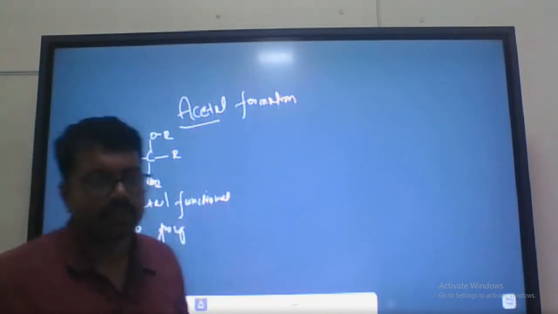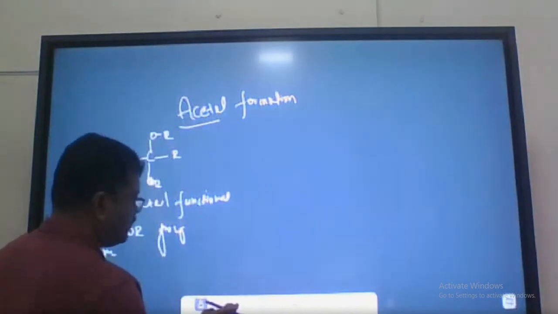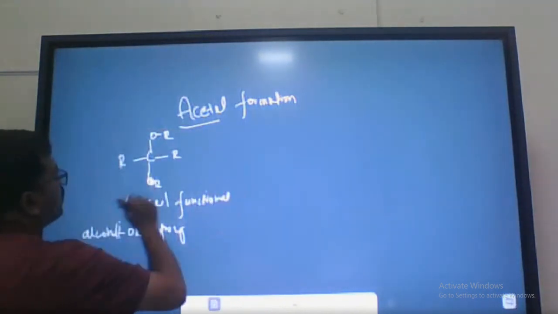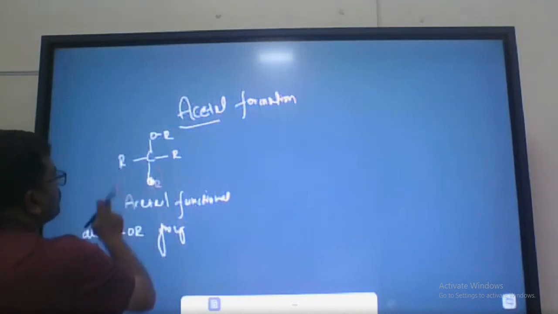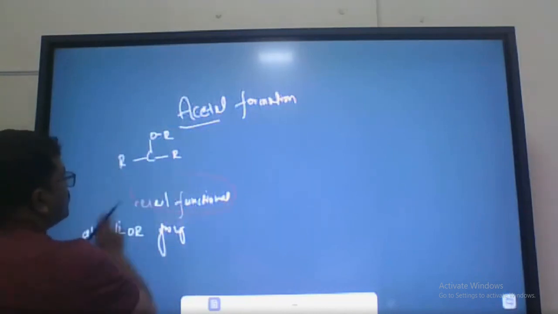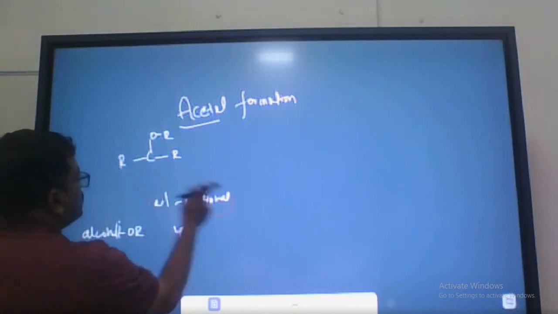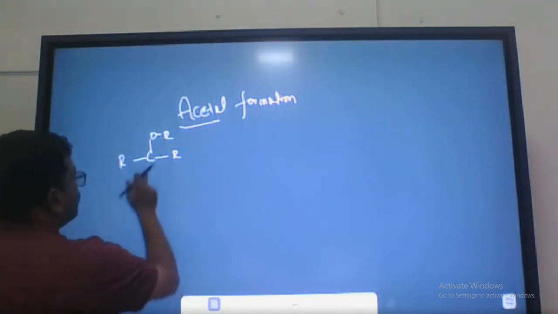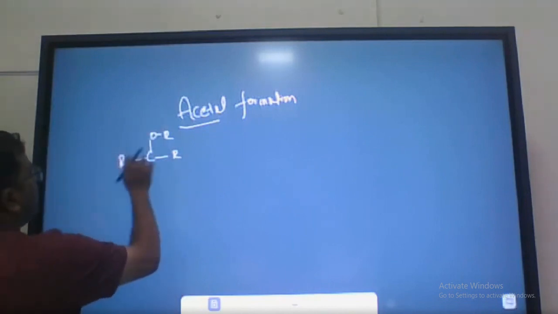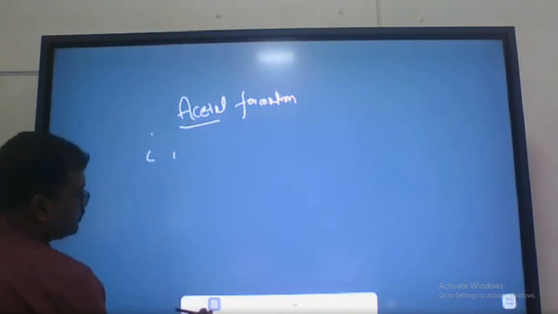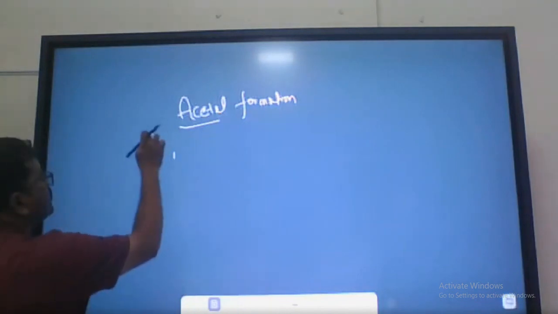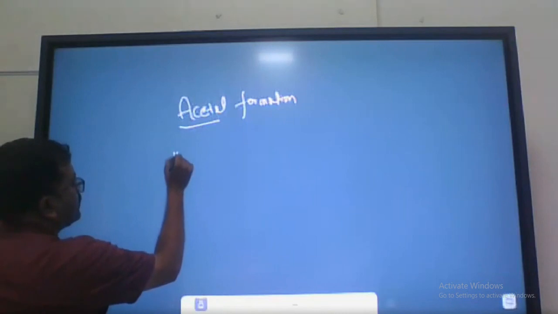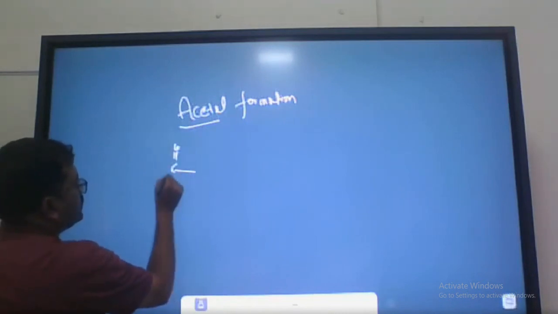So how do you prepare this functional group? For preparation of acetal, first take aldehyde or ketone.